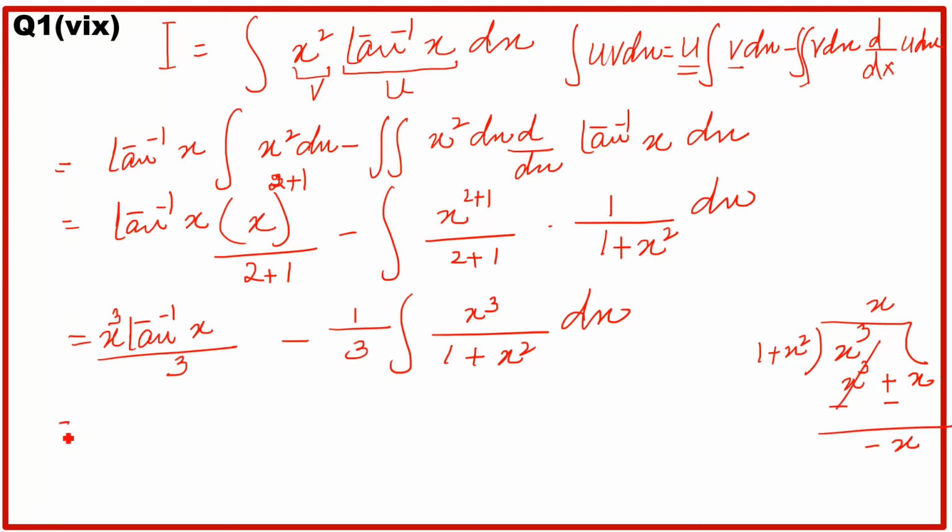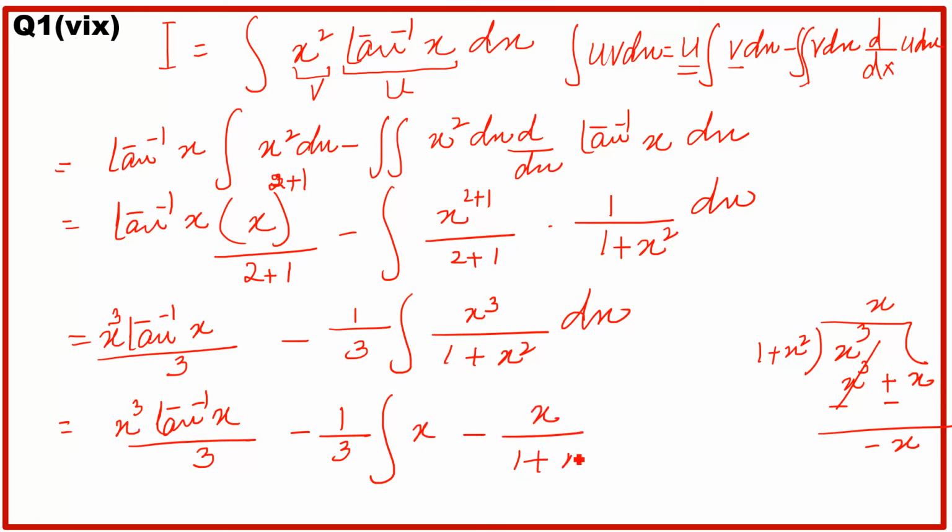So here we can write x cube tan inverse x divided by 3 minus 1 over 3 integral of x minus x over 1 plus x square dx. See, now we have two expressions, so we will do the integration separately.